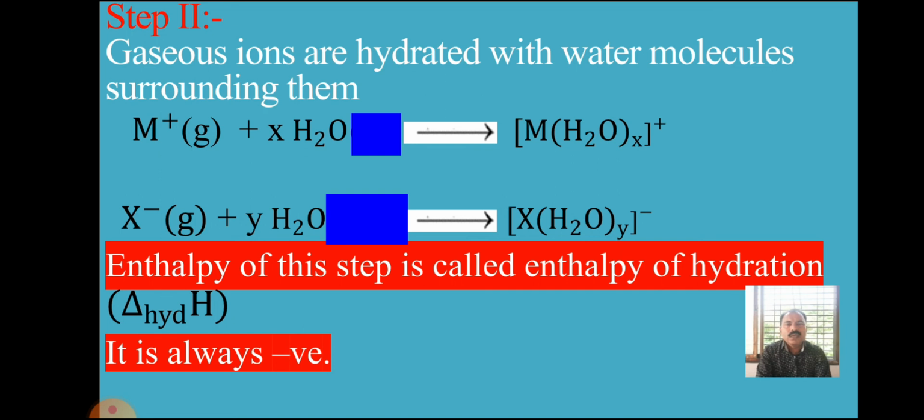In step 2, gaseous ions are hydrated with water molecules surrounding them. For example, one cation in gaseous state is hydrated with X number of H2O molecules, both in gaseous state.